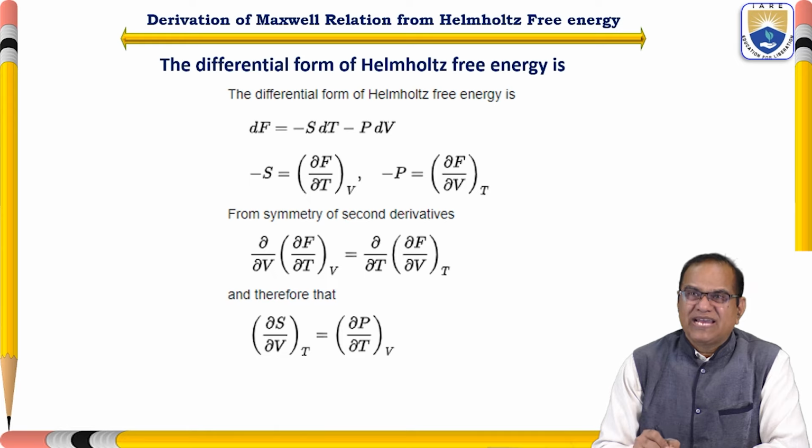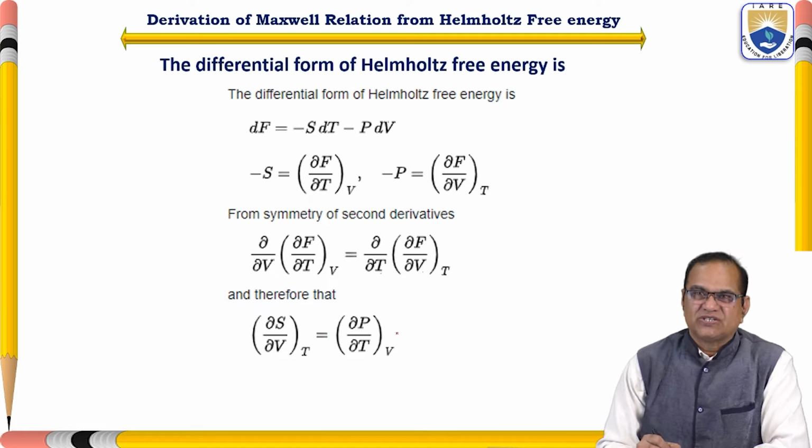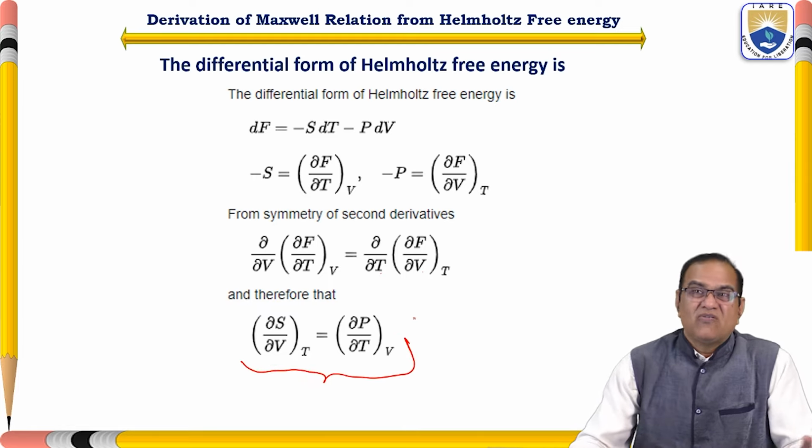From the symmetry of the second derivatives, ∂/∂V of (∂F/∂T) at V is equal to ∂/∂T of (∂F/∂V) at T. Therefore ∂S/∂V when temperature is constant is equal to ∂P/∂T when volume is constant. So we got the relation like this. We can find out the others also.